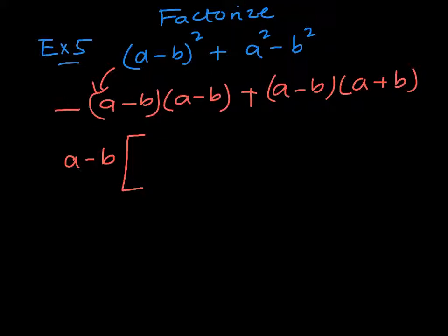So if we divide the first term on the left side of the addition sign, (a - b)(a - b) by (a - b), what we are left with is (a - b), plus, the term on the right side of the addition sign, (a - b)(a + b), if we divide by (a - b), what we are left with is what?